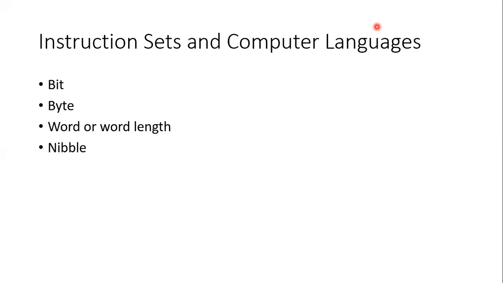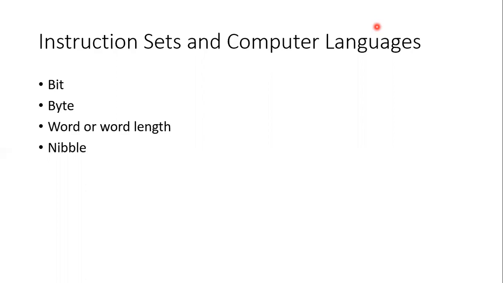The 8086 microprocessor uses a 16-bit word length. Similarly, the Pentium processor uses a 32-bit word length. Then the Core processor uses a 64-bit word length. Now, the word length ranges from 4-bit to 64-bit. Okay.